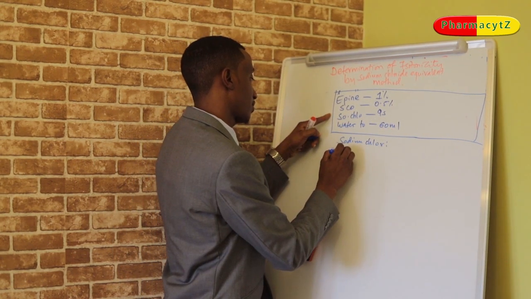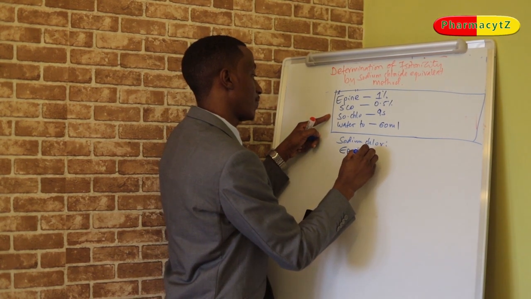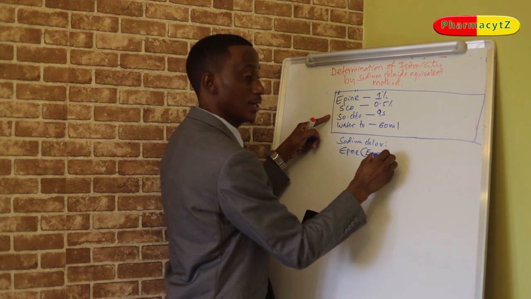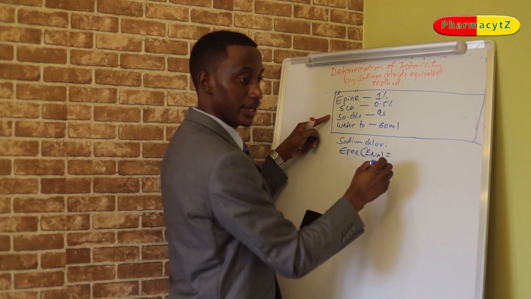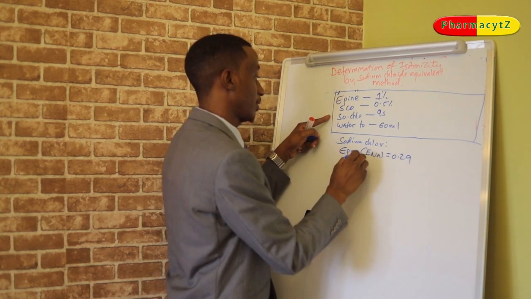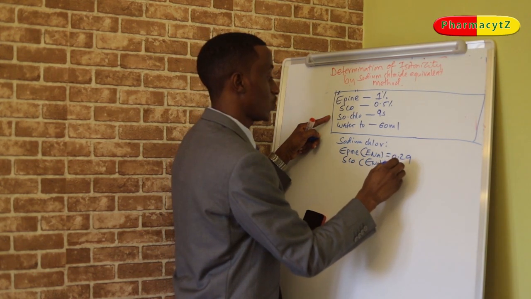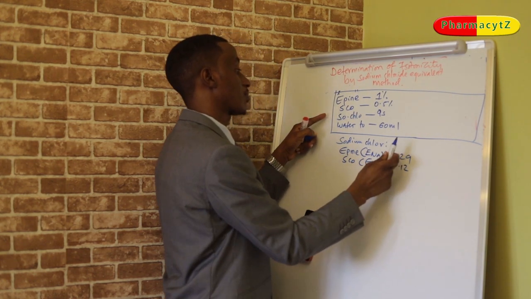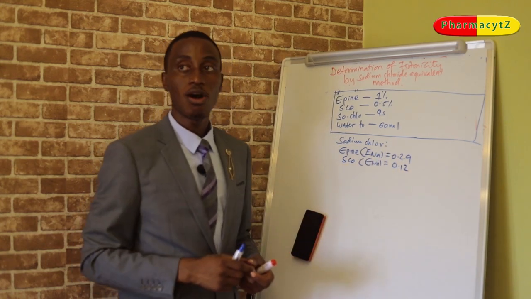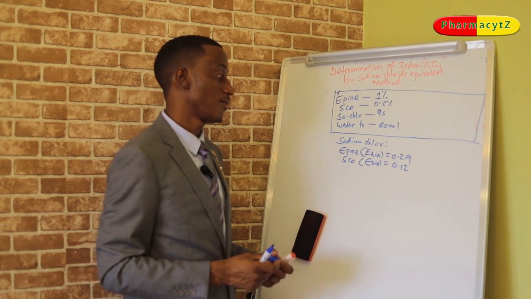Epinephrine's sodium chloride equivalent is 0.29, and scopolamine's is 0.12. The figures of sodium chloride equivalent, as I said, are obtained from the table as displayed before.